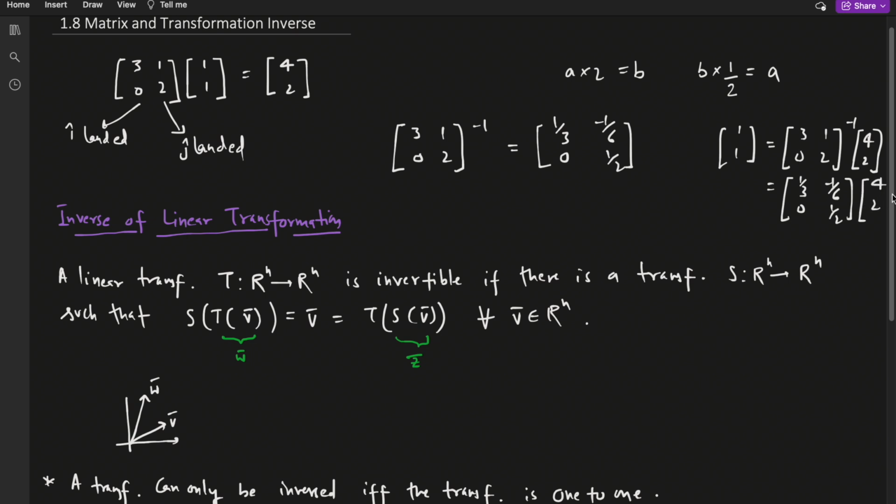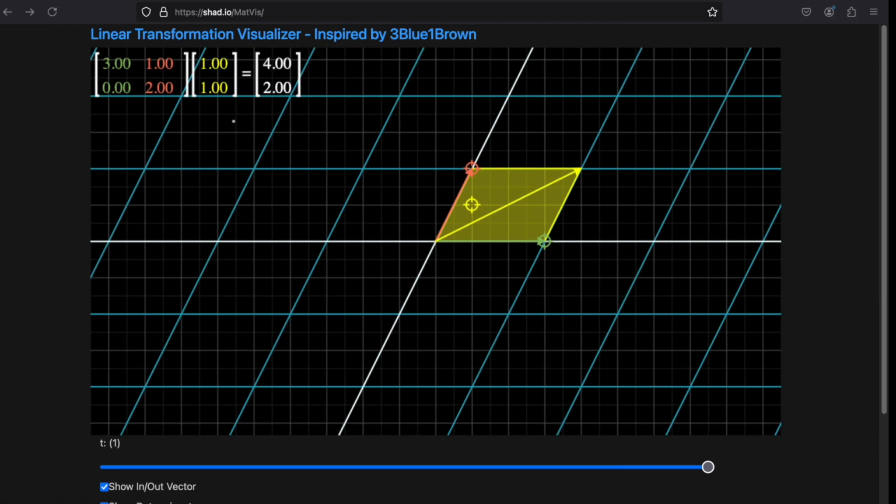By simple maths, if I apply the inverse to this output vector, I should get the input vector. This is what the inverse of a matrix or of a linear transform does. It undoes the effects. So let us see whether that is the case.